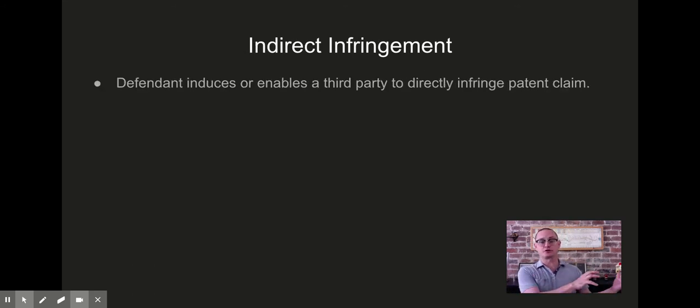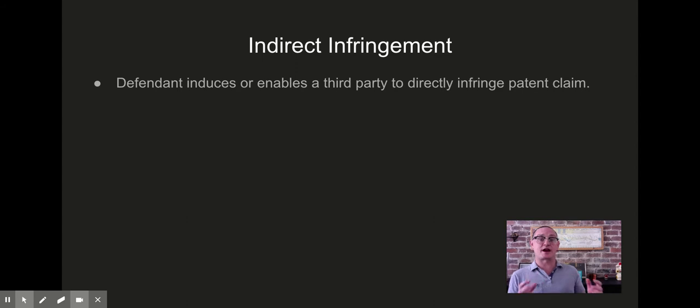In order to determine indirect infringement, you have to determine whether the defendant induces or enables a third party to directly infringe. So there always has to be some direct infringement. It's just that in an indirect infringement action, you say you're making it possible for someone to infringe, even though you aren't directly infringing yourself. For example, if you make a product that enables a third party to infringe a patent claim, then your product isn't per se a directly infringing product.